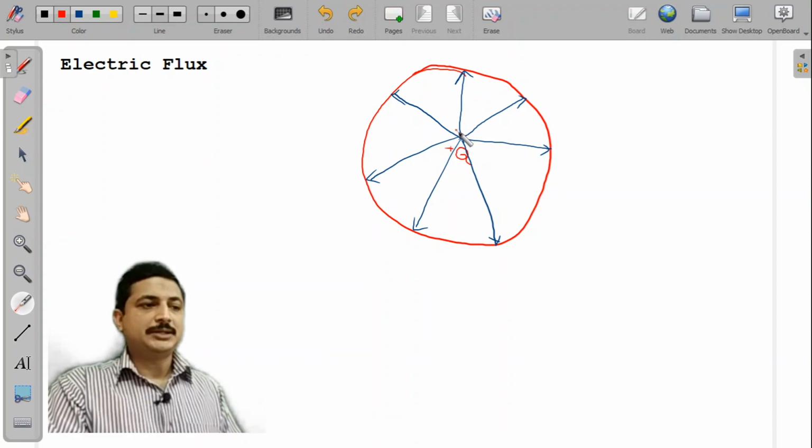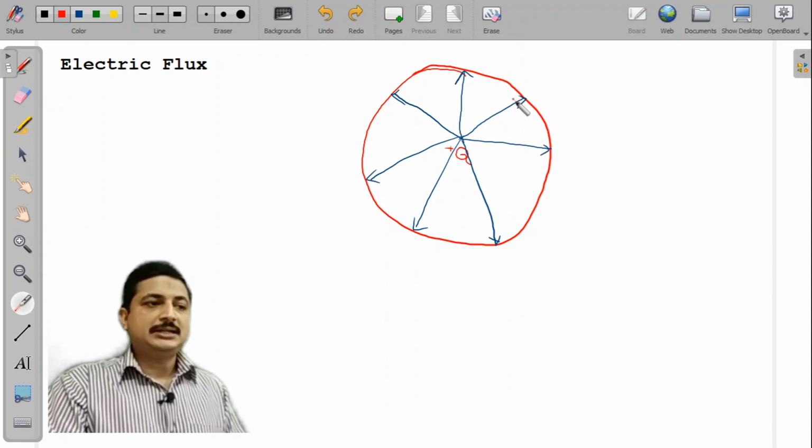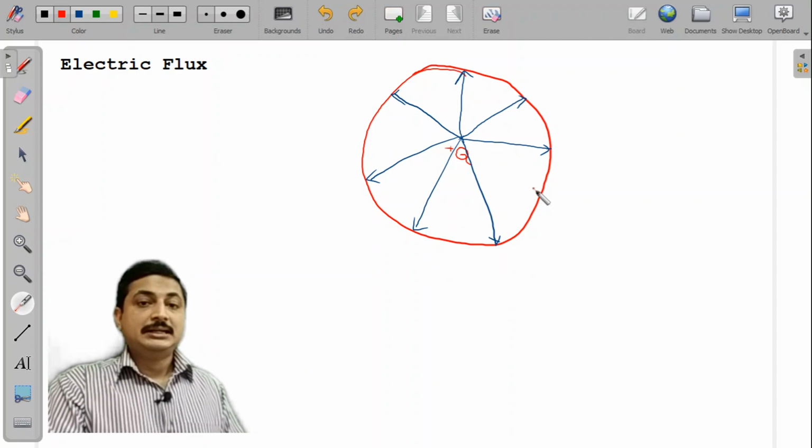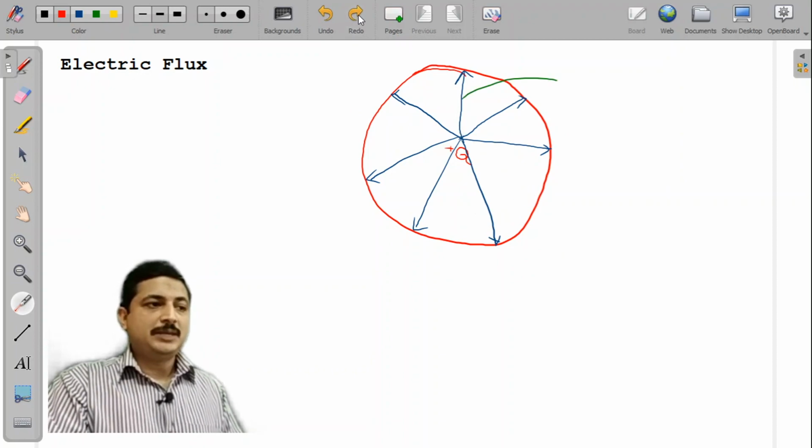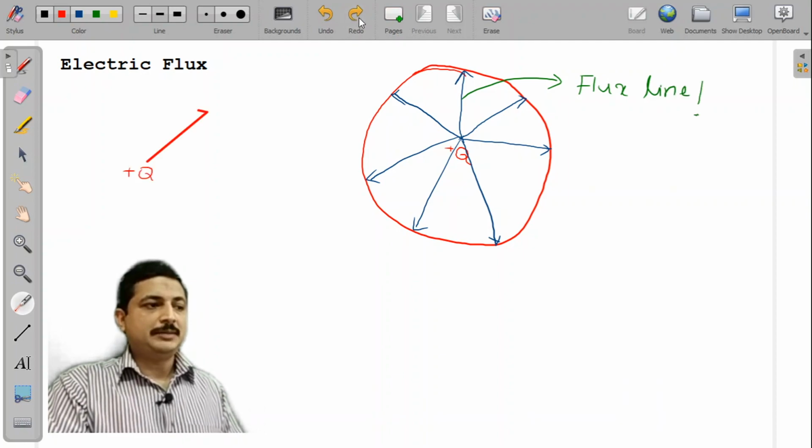According to Faraday, there is one more thing. These electric flux lines can travel in any direction as per this explanation. So, keeping that in mind, if I write plus q, I can represent a field like this.